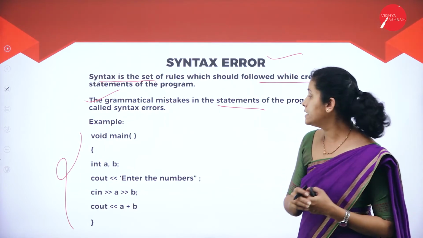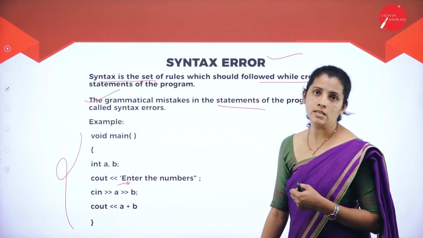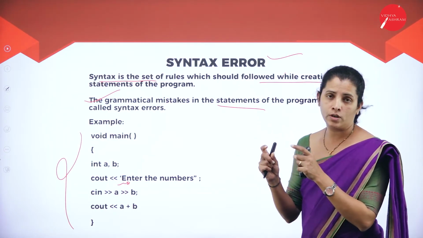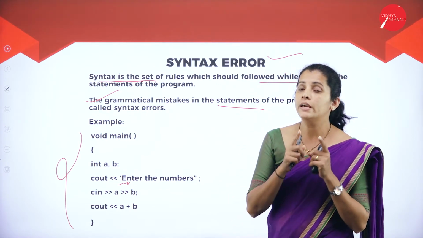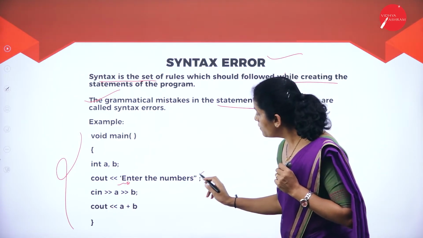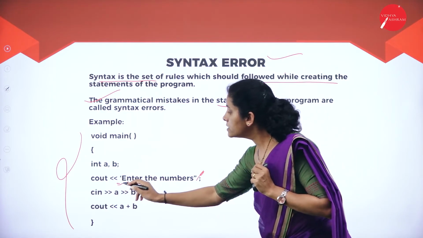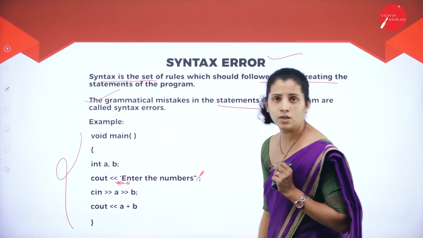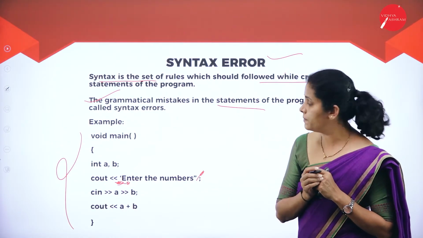So what syntax error do I have? Here I get one syntax error. Whatever output or result I want to display should be written inside double quotes. Here I have the ending double quote, but what about the starting double quote? Here I have a single quote. So this is my first syntax error.